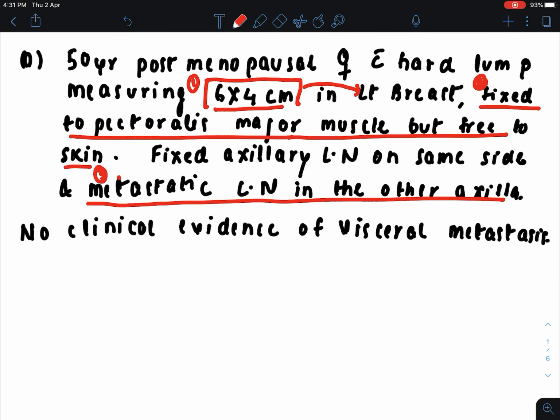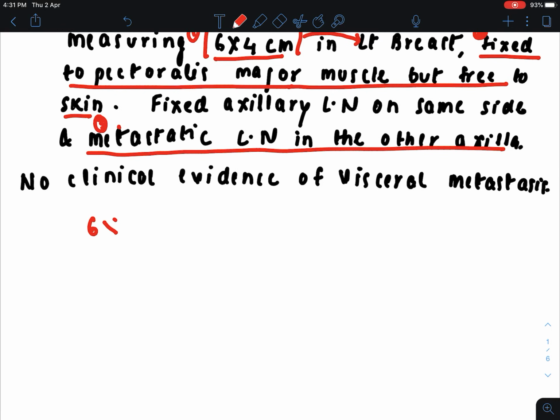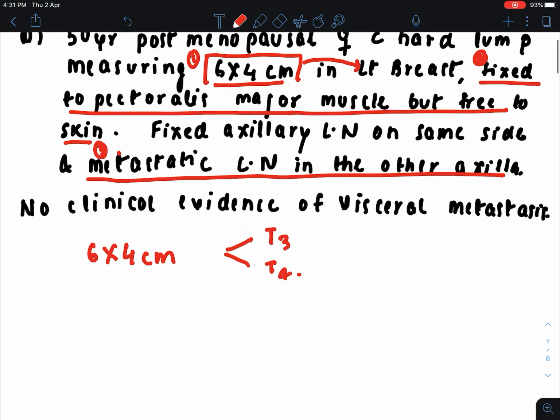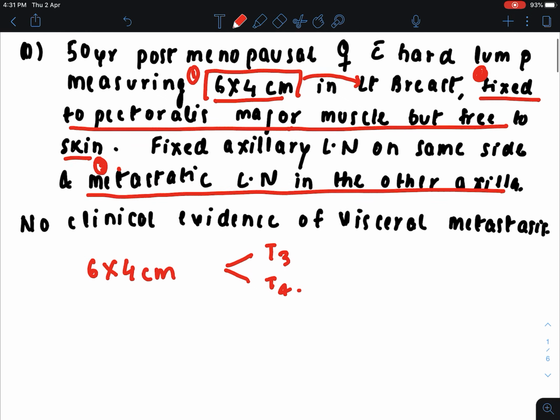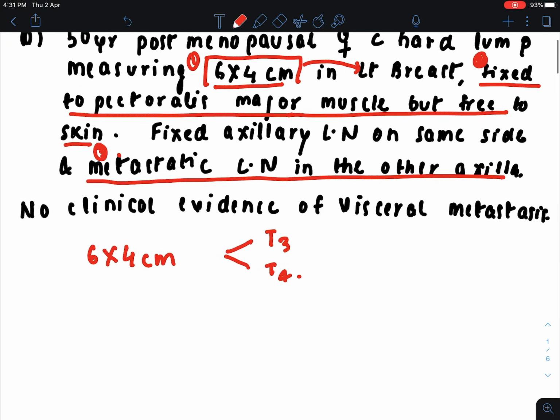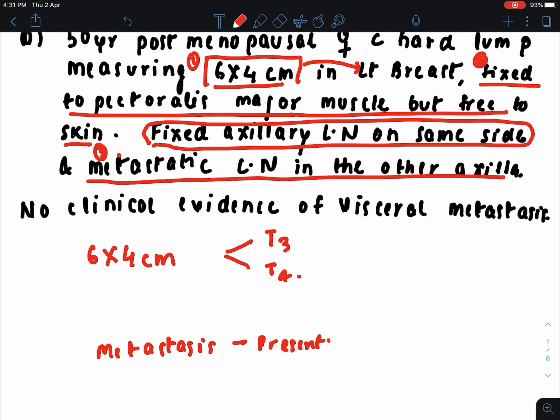The size of the tumor is more than 5 centimeter, so it will be either T3 or T4. Fixed to pectoralis major but free to skin, and there is presence of metastasis. It is written as fixed axillary lymph node on the same side.